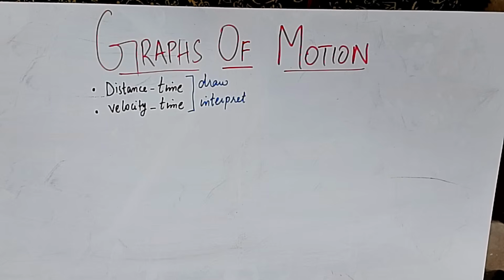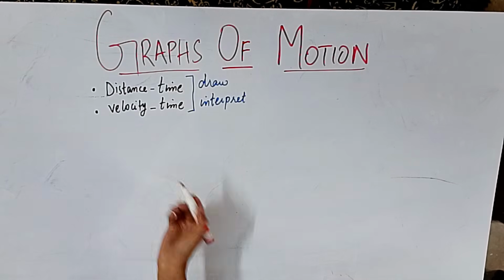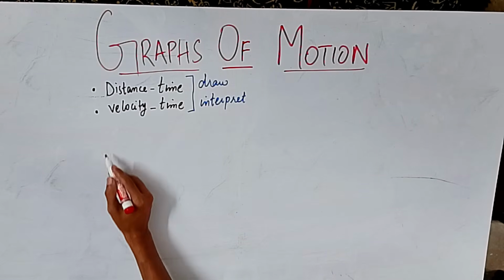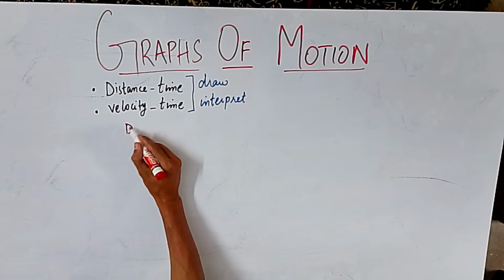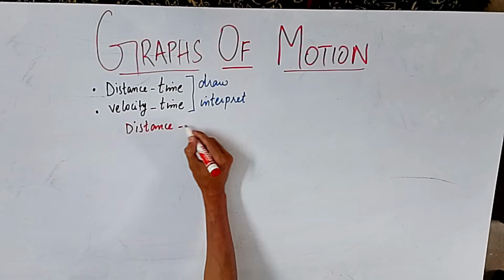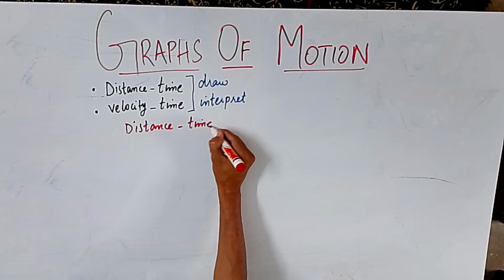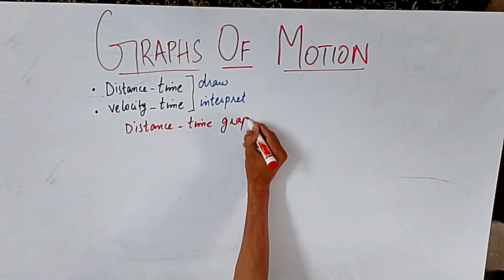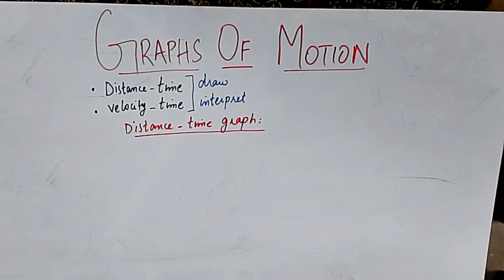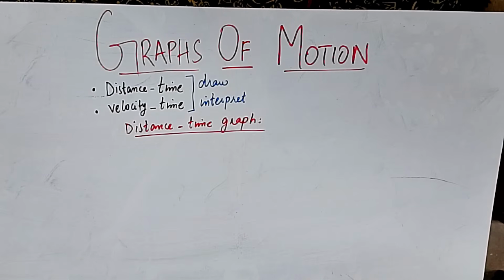First of all we will discuss the distance time graph. You know that for a graph you must have an x-axis and y-axis. Whenever we talk about the distance time graph, there are two quantities. Remember, time is an independent quantity, meaning time will not stop.